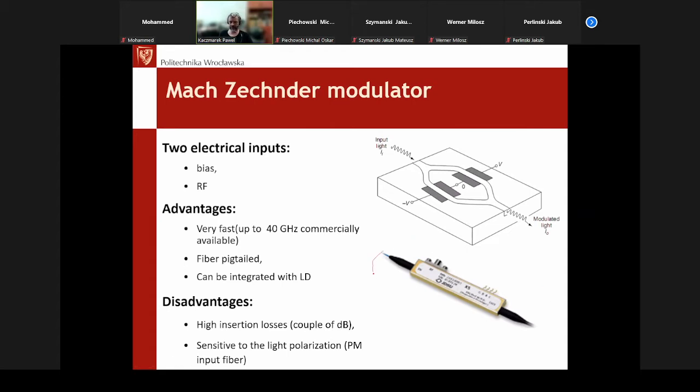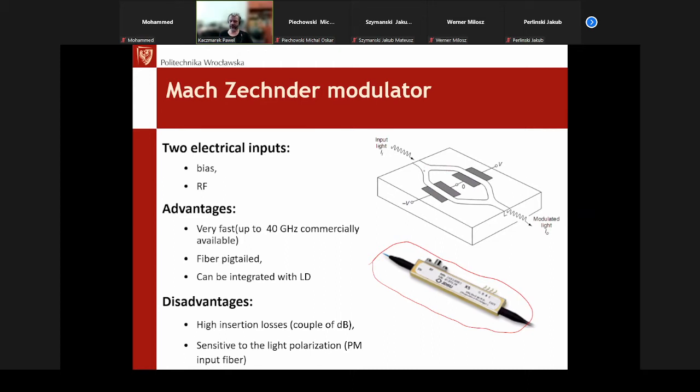I think this device looks familiar to you if you have already done the exercise with this Mach-Zehnder modulator. It is quite a simple device using the electro-optical effect to change the refractive index of a planar waveguide. The whole modulator is made of a planar waveguide in a lithium niobate crystal, typically.